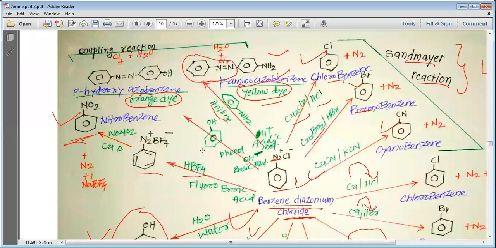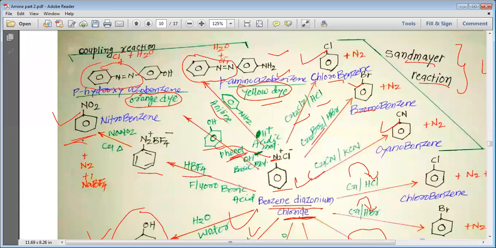In the same way, my dear students, when this benzene diazonium chloride reacts with phenol, this is the part of the benzene diazonium chloride. Just phenol combines with this nitrogen, from the opposite side, and you can easily understand that this side is bonded with the phenyl, and this is how we get para-hydroxyazobenzene.